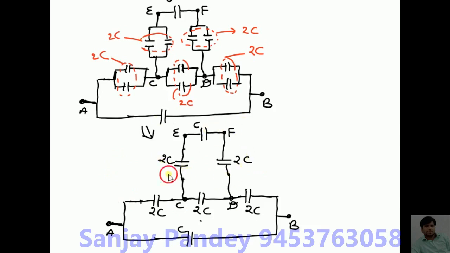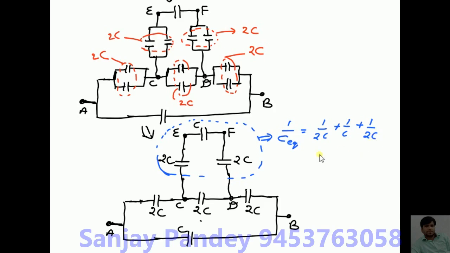Now these three capacitors are in series, so their resultant is given by 1 upon Ceq is equal to 1 upon 2C plus 1 upon C plus 1 upon 2C.